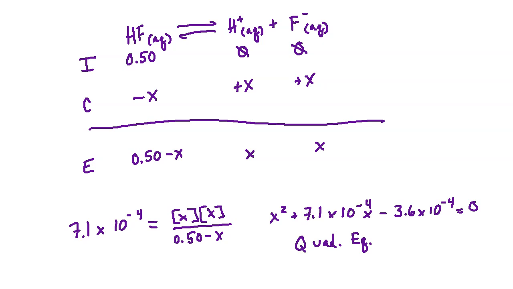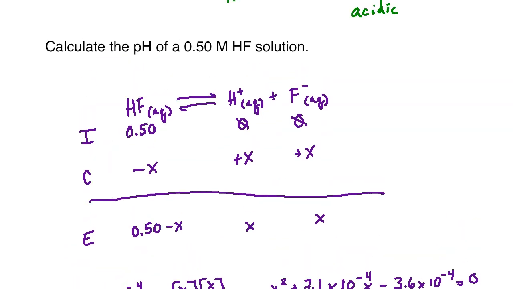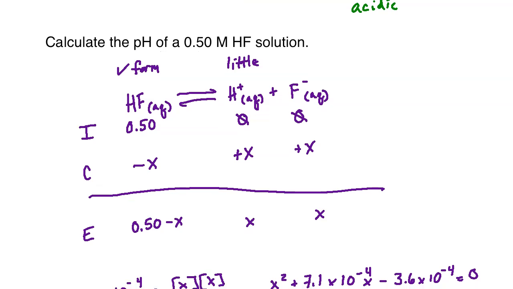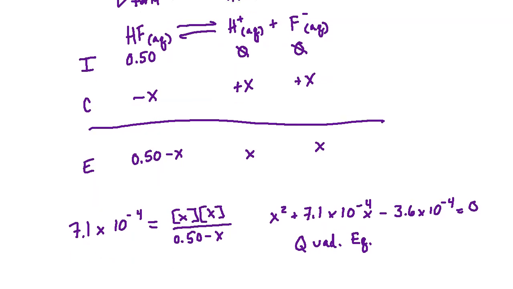Okay, so what are we saying from a chemical standpoint? X represents H+ and F-. So what we're saying is because HF is a weak acid, most of it is going to be in this form, which is HF, and there's going to be very little of it in the dissociated form. And we're willing to say it's going to be so little in comparison to 0.5 that we can just go ahead and neglect this.